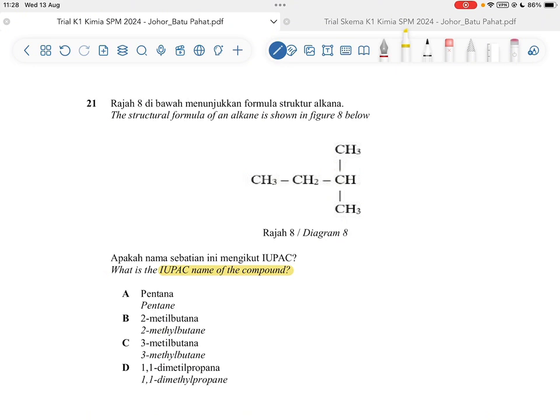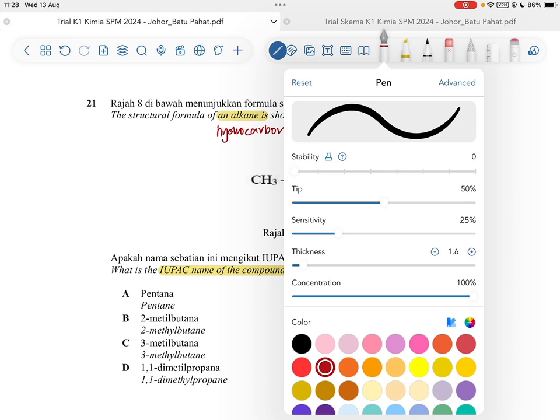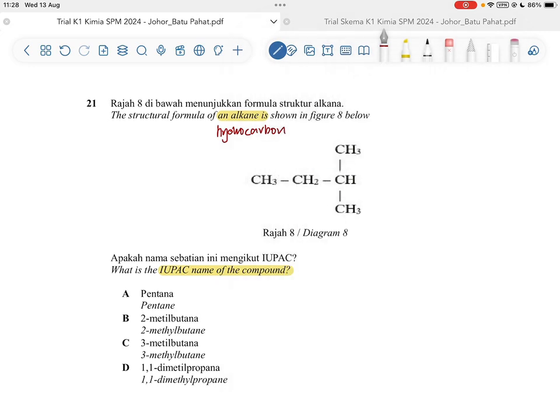So how are we going to identify the IUPAC name for this compound? Firstly, this is an alkane, and we know that an alkane is a hydrocarbon, meaning it only consists of C and H. So it doesn't have any functional group. The first thing you need to identify is the parent chain.